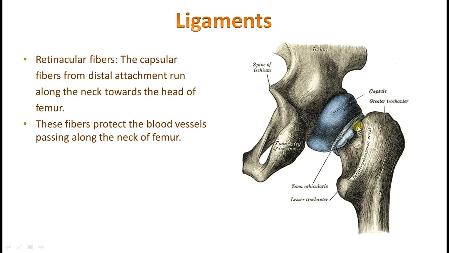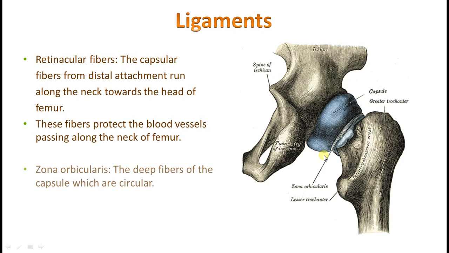If you see the deeper fibers, they form a tight collar-like band, and that is called the zona orbicularis. So the deeper fibers of the capsule, which are like a tight collar-like band and circular, are called the zona orbicularis.